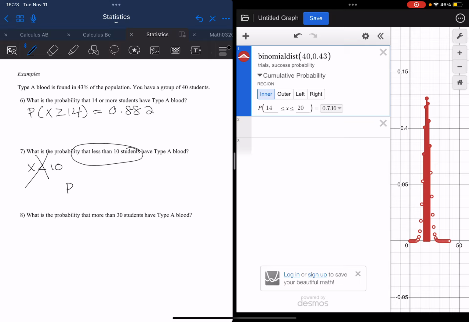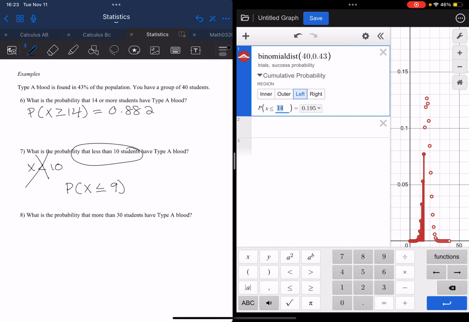So I would say this is the probability that X is less than or equal to 9. Because if you're less than 10, you're not including 10, which means you're going straight to 9 anyway. So X less than 10 and X less than or equal to 9 is going to be the same thing. So I'm going to find the correct one, so that's the left region, and I'm going to change this to 9, and I get 0.006.